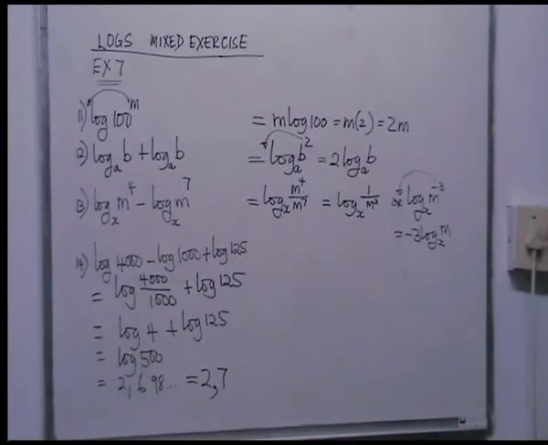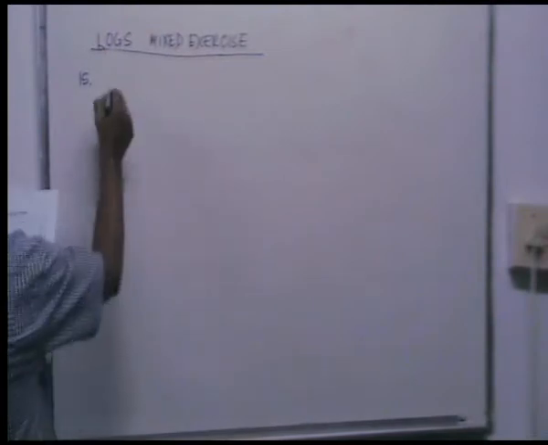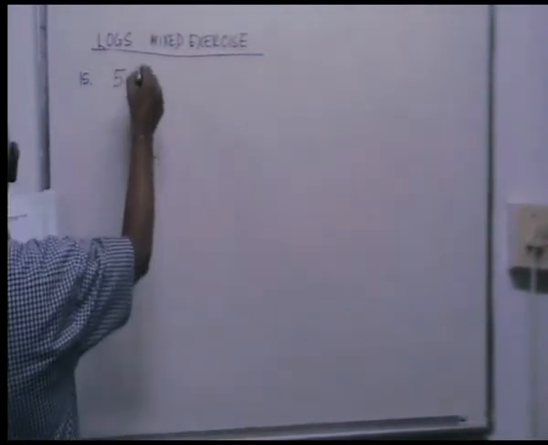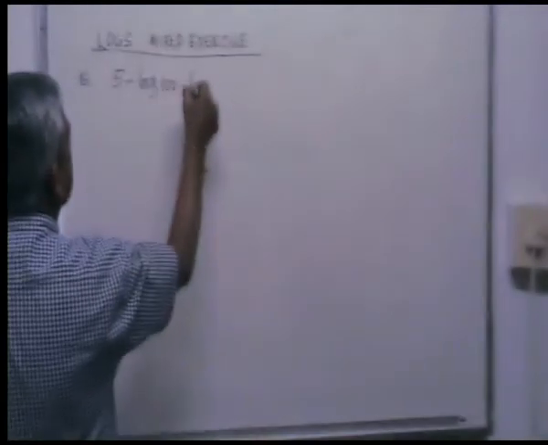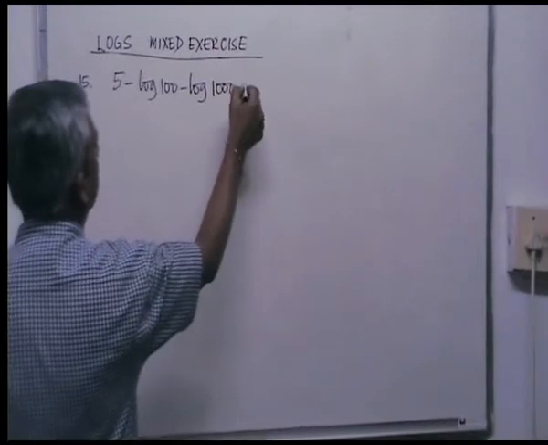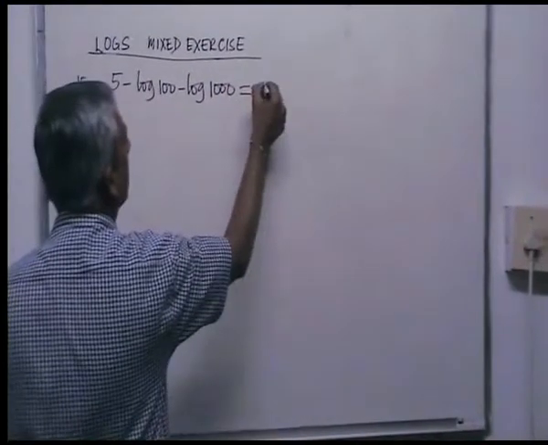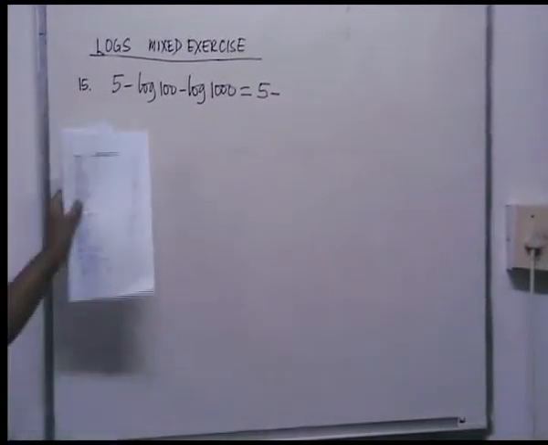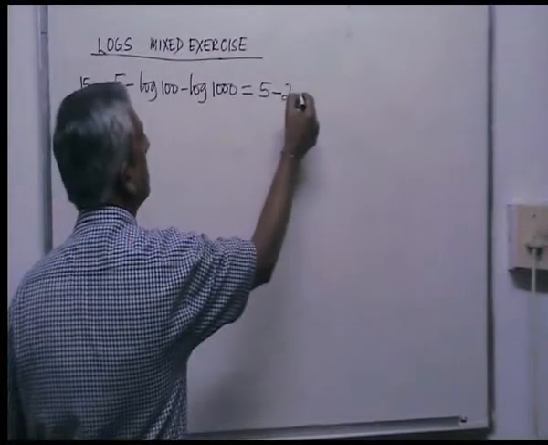All right. Now we're having a look at number 15. We've got 5 minus log of 100 minus log of 1,000. Well, this is simply 5 minus log of 100, you check in the calculator, you'll get 2.